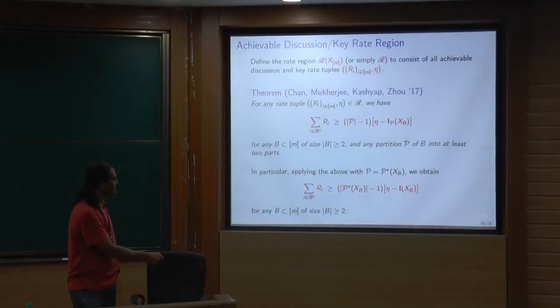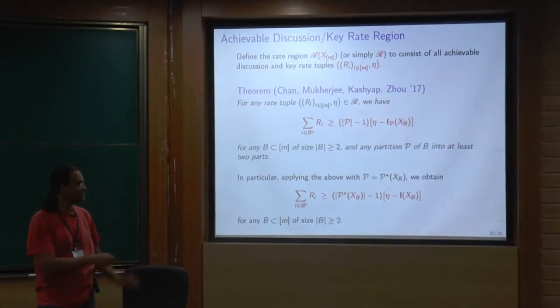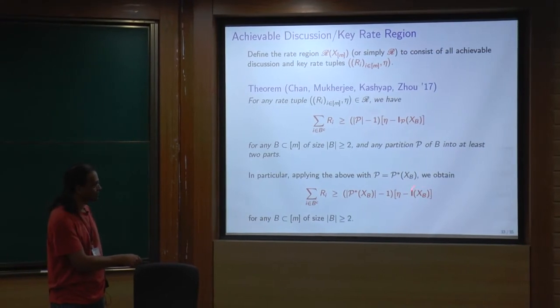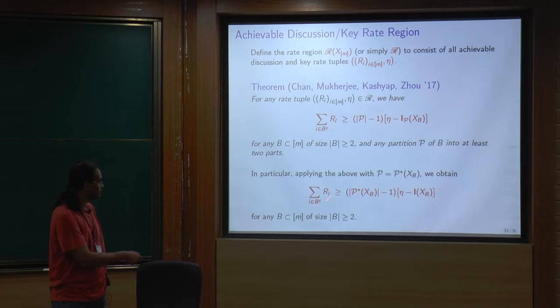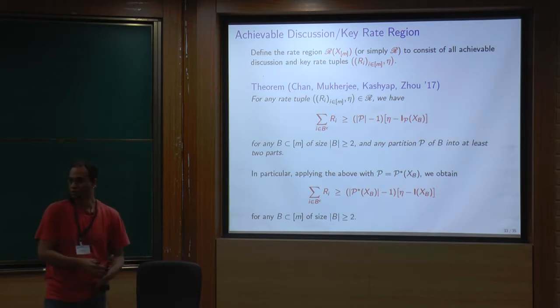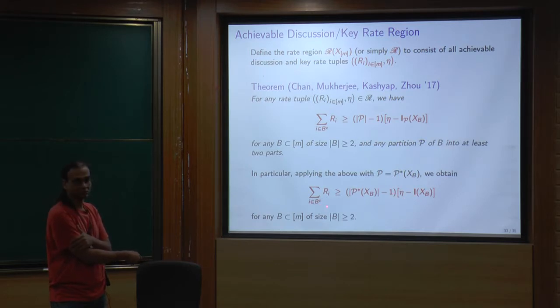Now, if I want overall to generate a key of rate at least theta, which is larger than the amount generatable by just that small subset, then all the terminals that are not in that subset must communicate at a rate proportional to the excess rate of secret key that I need. The maximum rate of secret key that set of terminals can generate is this one. I'm asking for more, so the other terminals must communicate at a rate at least proportional to the excess amount of secret key that I'm looking for.